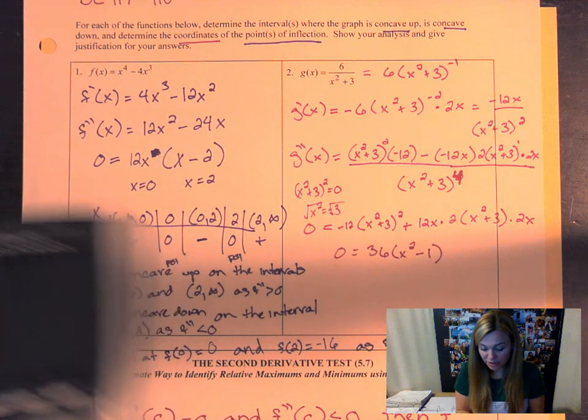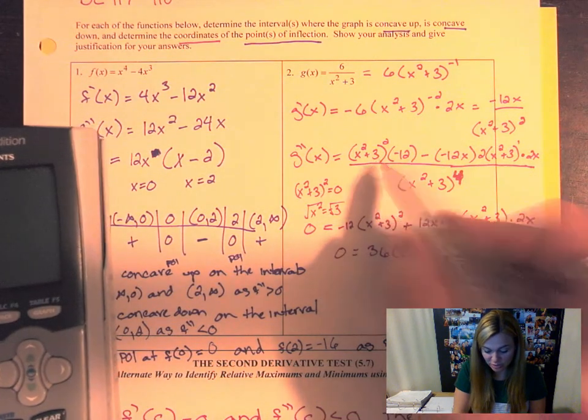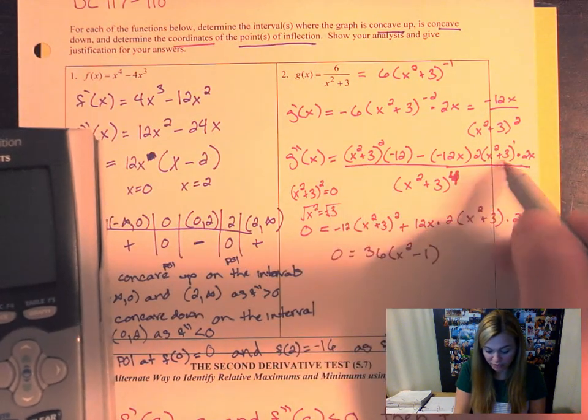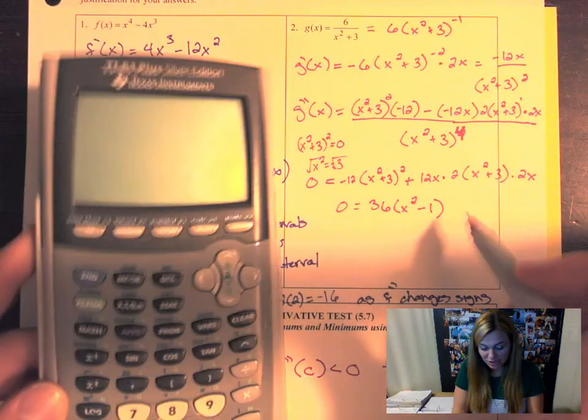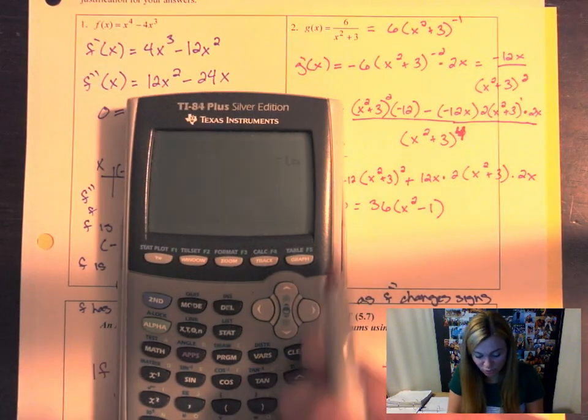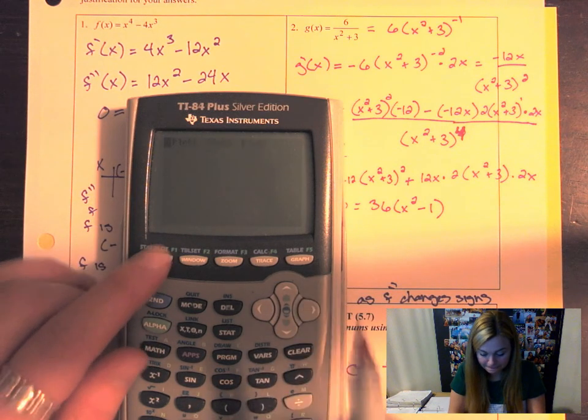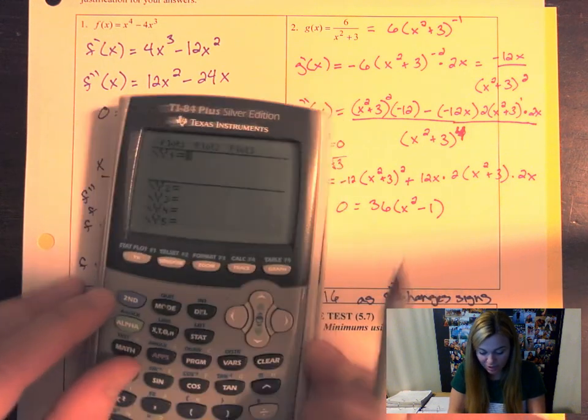But what I would want to do, and you can actually factor out an x squared plus 3, 1 from here, 1 from here, 1 from here right away. But what I want to do is actually just say, what if it was this whole mess? How would I find the zeros here?